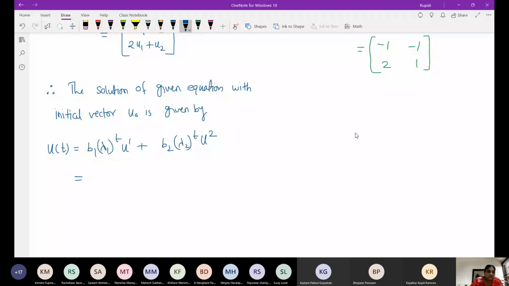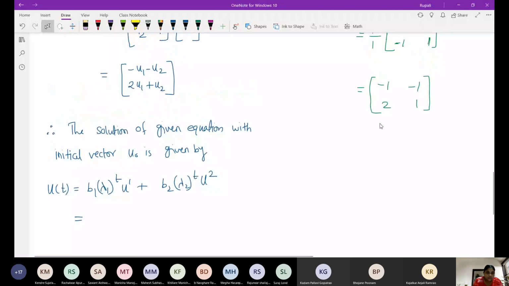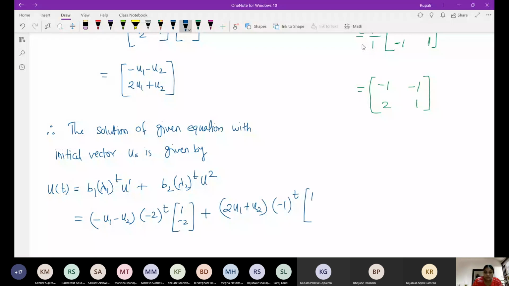What is b1? b1 is minus u1 minus u2. What is my first eigenvalue? Minus 2 raised to t. What is the corresponding eigenvector with respect to minus 2? 1, minus 2, plus b2, which is 2u1 plus u2, times minus 1 raised to t, and the eigenvector is 1, minus 1. So that is my solution.